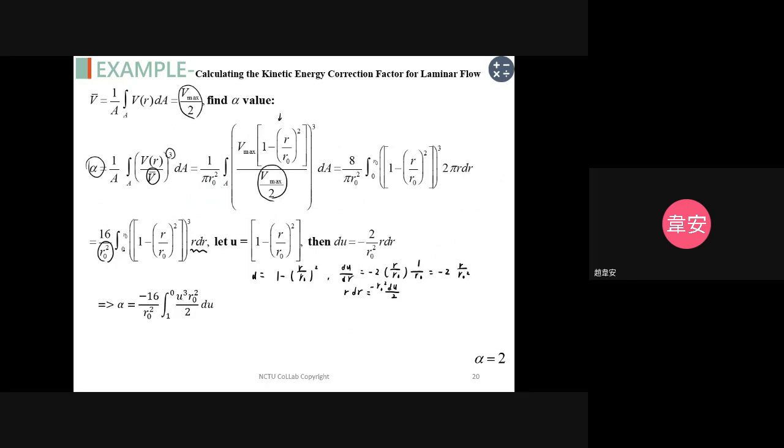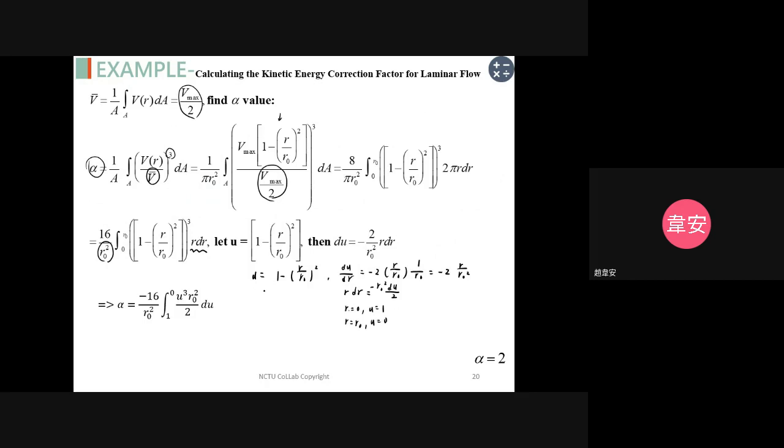Okay, so we can take a look. First, the integration interval starts from 0 to R0. Since we change the domain to u, if r is equal to 0, you see the u item here, u is equal to 1. And if r is equal to R0, then you put the number here, so u is equal to 0.